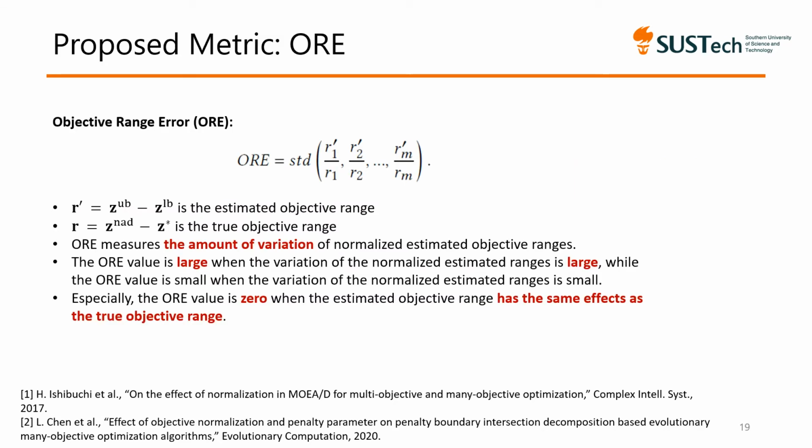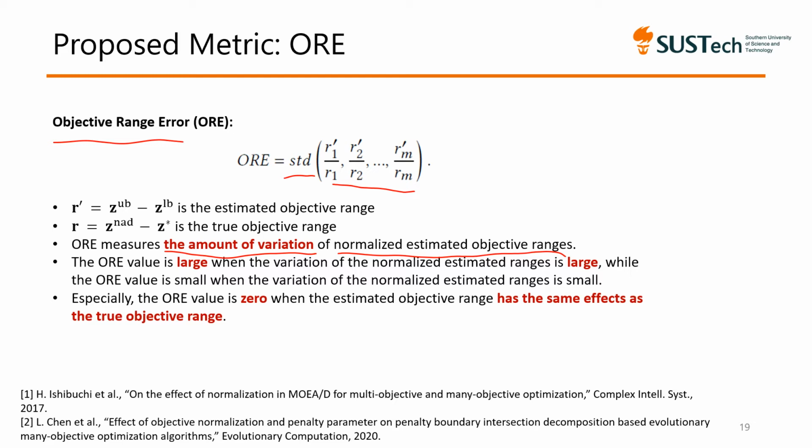Here shows the proposed metric, objective range error, the ORE metric. We calculate the standard deviation of estimated objective ranges in the normalized objective space. We can see that the ORE metric measures the amount of variation of the normalized estimated objective ranges.